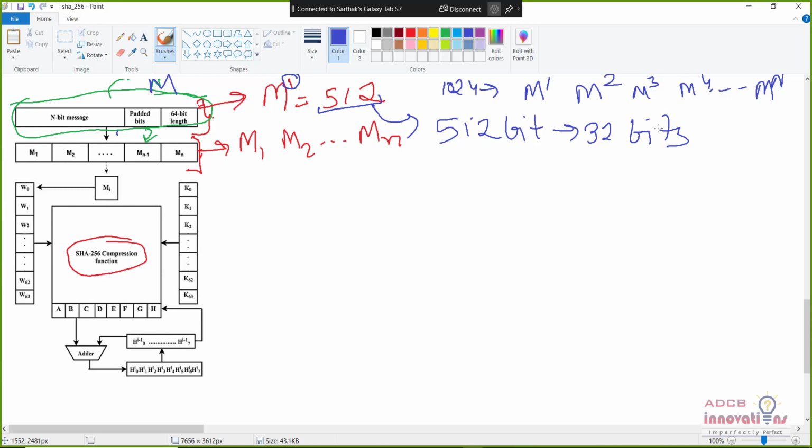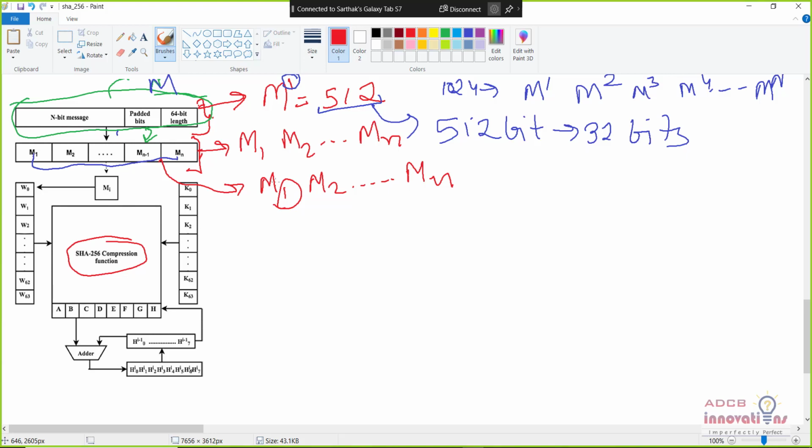That is, the input will be split into 32 bits, and these are represented here, from m1 to m2 till mn. Here you see these m1, m2 up to mn have subscripts.